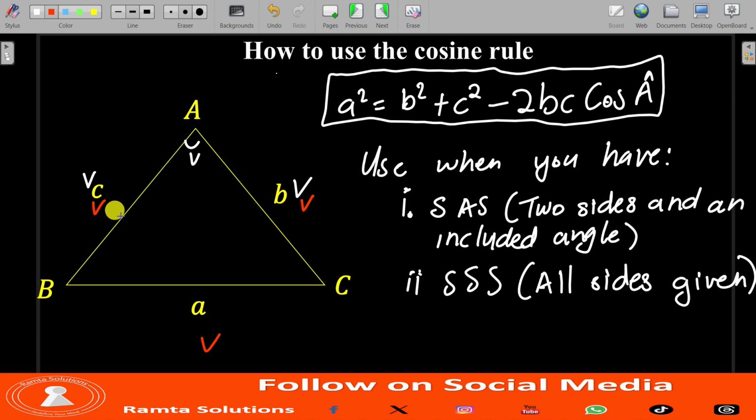So when you have all sides, you can determine any angle in your triangle. And when you are given two sides and an included angle, you can also use cosine rule. Remember, with two sides and an included angle, the angle is not opposite the given sides. So the question will ask you to determine the side opposite the given angle.